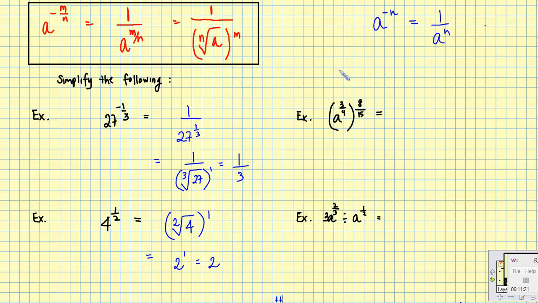Now let's do an example here of a power to a power rule. So a power to a power rule here gives us, we have two fractions, and in the power to a power rule, I am multiplying my exponents together. So technically, I could put my answer down here as a to the power of 24 over 60, and then I could reduce that down.